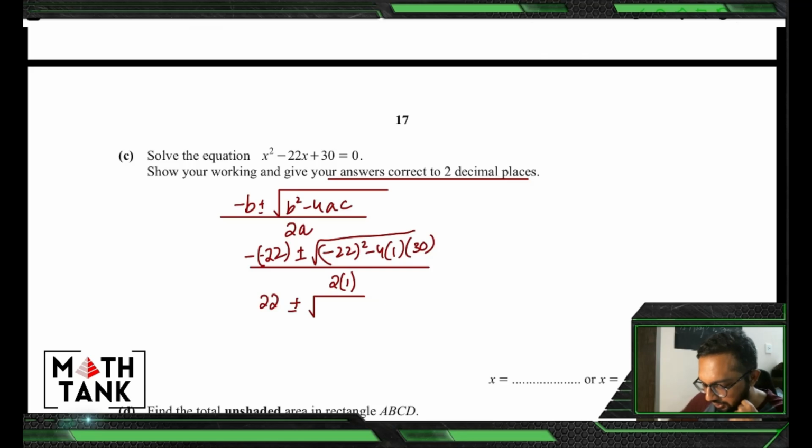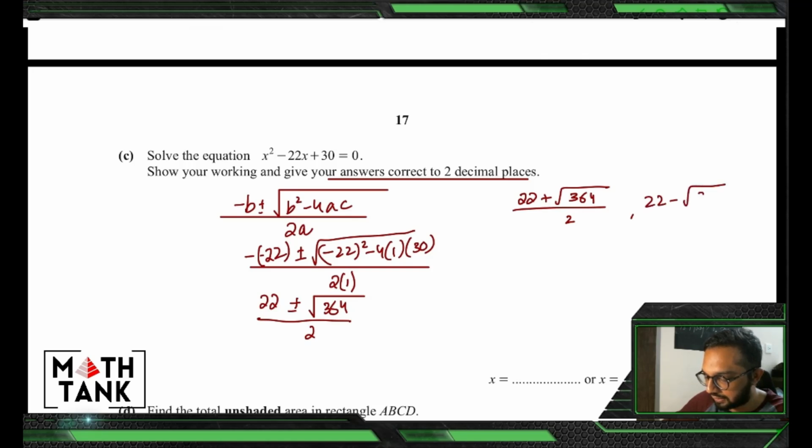I don't need to show you every calculation as long as I've written that part. Even if I wanted to, I would have skipped the calculation that I'm showing you right now. But just for the sake of completeness, I'm doing this here, 364 over 2. Now the examiner knows that one of my answers is going to be 22 plus root 364 over 2 and 22 minus root of 364 over 2.